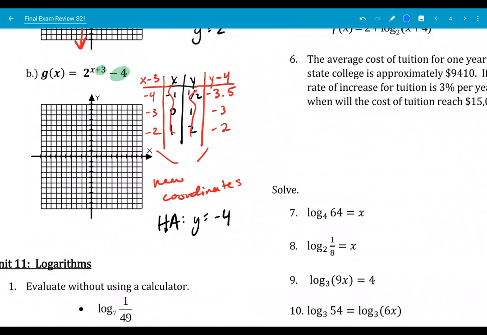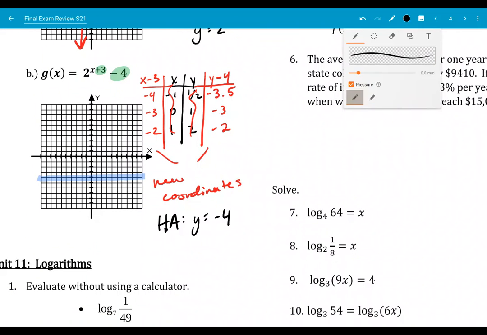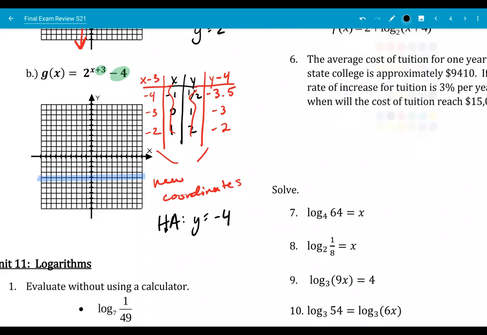So I'm going to graph that first, because that's going to give me an idea of where my points should approach and where my lines shouldn't cross. So negative 4 comma negative 3.5, negative 3 comma negative 3, and negative 2 comma negative 2. So my graph's going to look something like this.